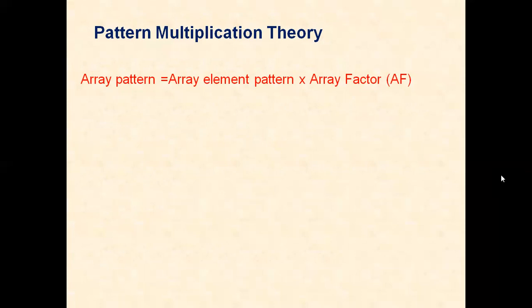By suitably arranging an array, it is possible to cause pattern cancellations and reinforcement that will result in the array having strong directional properties. Reinforcement in a particular direction and cancellation in the unwanted direction is the most important part of it. The directive gain in a particular direction can be increased by making use of antenna arrays.